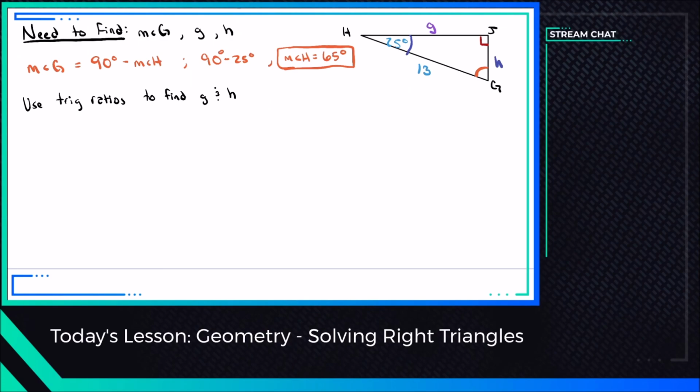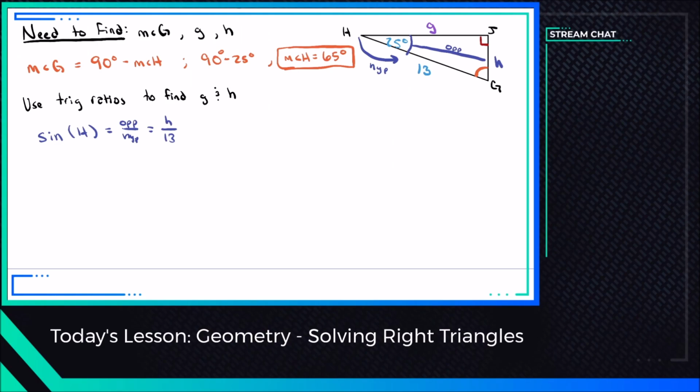And that's going to be opposite over hypotenuse, right, opposite over hypotenuse, that's the sine ratio. So the sine of H is going to be opposite over hypotenuse, or little h over 13.